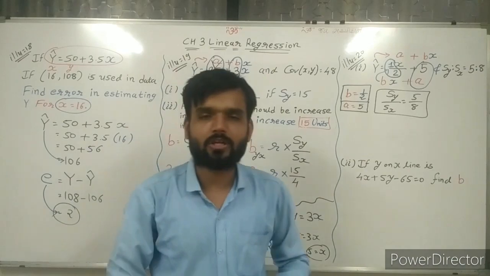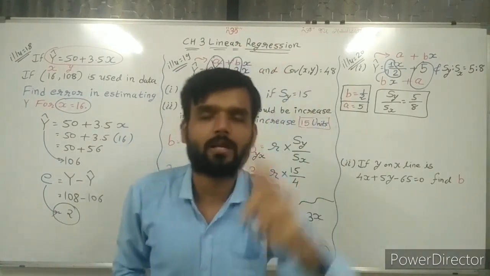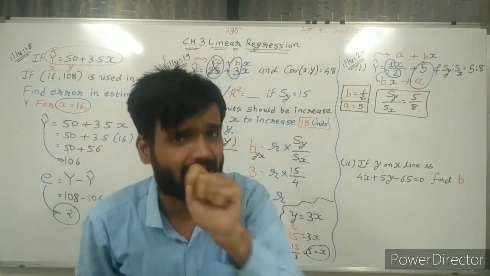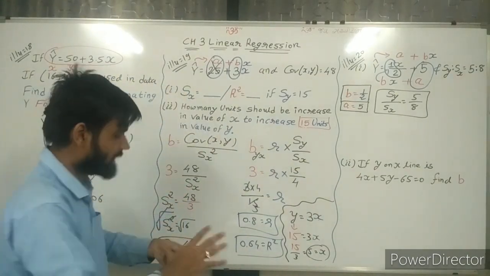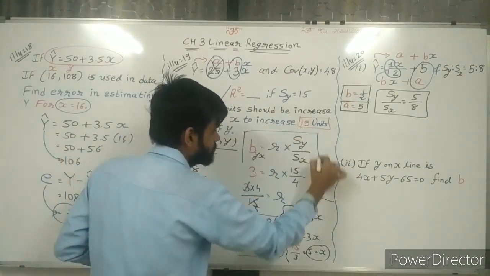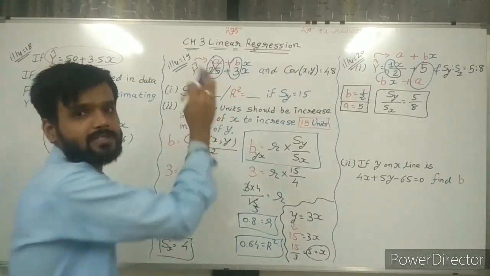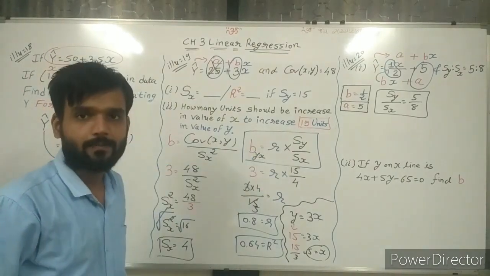Now sir, what is my question? We need to find the coefficient of determination r square. So how can we find r square? First of all, we need r. Now think, here one formula is used already, which is specially made for this chapter only. So b y on x is equal to r into sy upon sx.